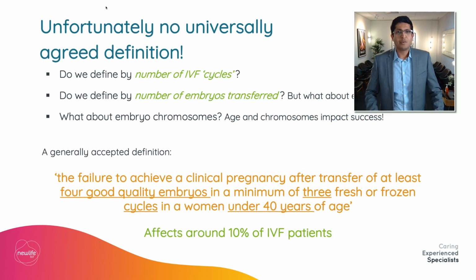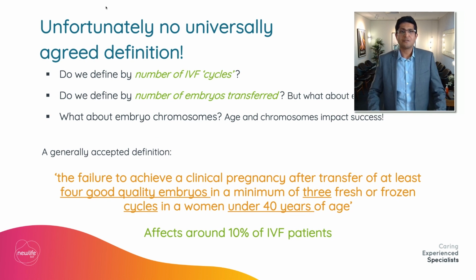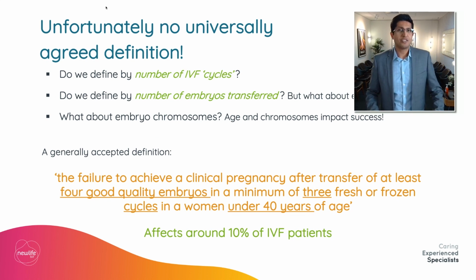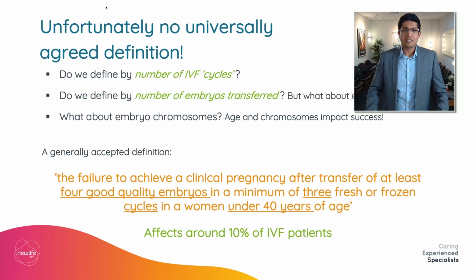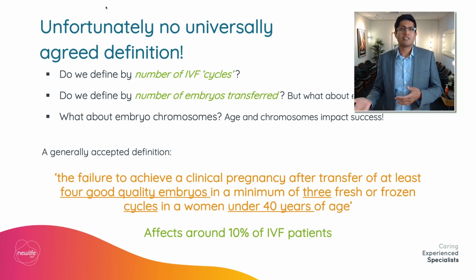Unfortunately, when talking about recurrent implantation failure, there is no single definition that is universally agreed upon. In the early 2000s, there was talk about defining it as 10 embryos being transferred without success.